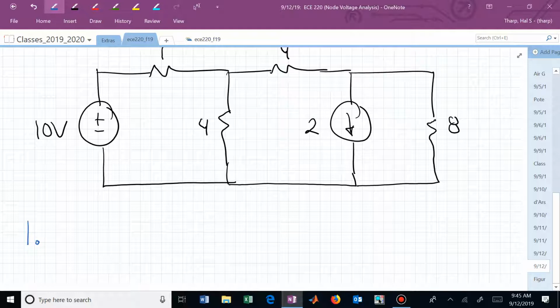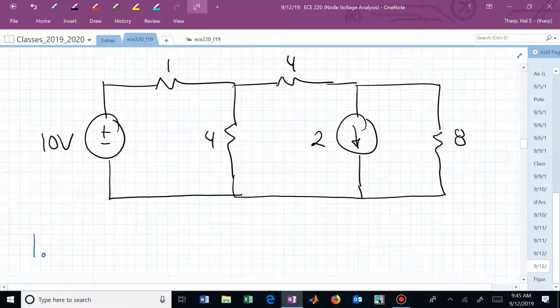Now that you're sketching that circuit, the first step in this analysis is to identify the essential nodes. And I want you to help me with that. Is the node between the 10 volt source and the 1 ohm resistor an essential node? No, because I just named 2 elements. I didn't name more than 2. That's not essential.